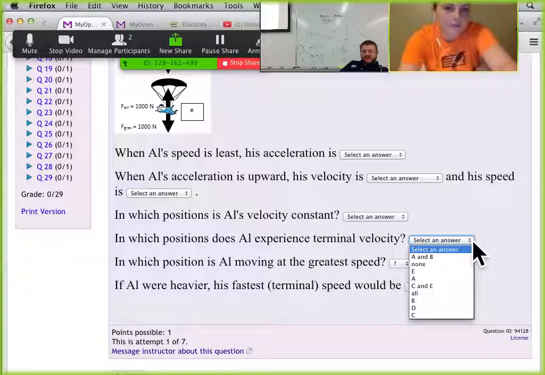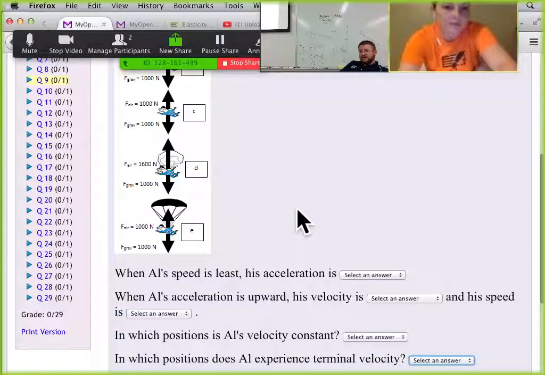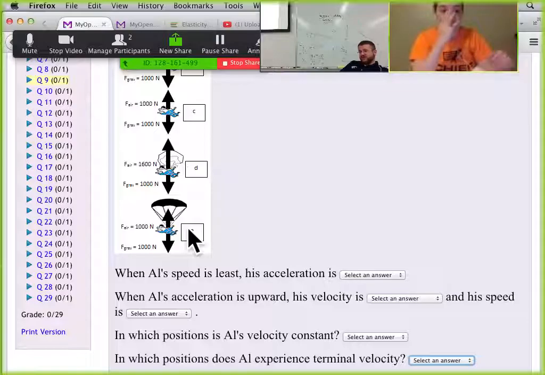Okay. So it turns out that there are actually 2 terminal velocities in this one. C and E actually count as terminal velocity. But C is the only one where he's going at his fastest terminal velocity. Terminal velocity really only means that the upward force of the air and the downward force of gravity are equal.